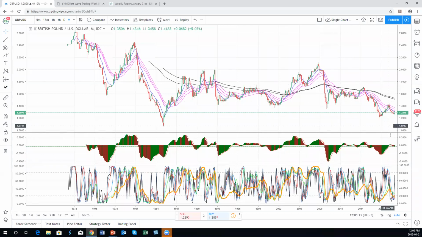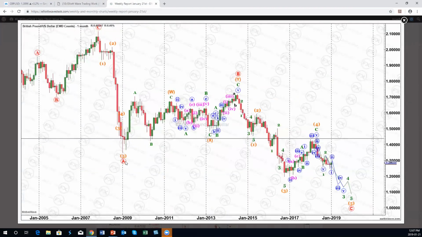January 2005 would be right here. Right, okay, so A, B, C. He started this as an A, B, C. This is a three-wave move up, and then he continues from there. Another A, B, C. So that's how you can start as well.